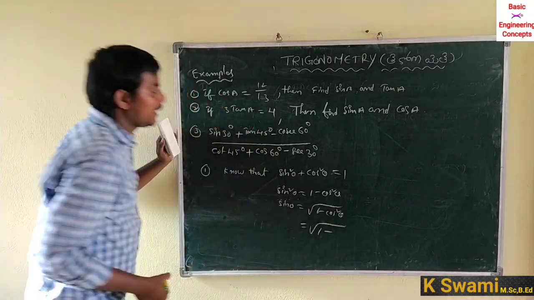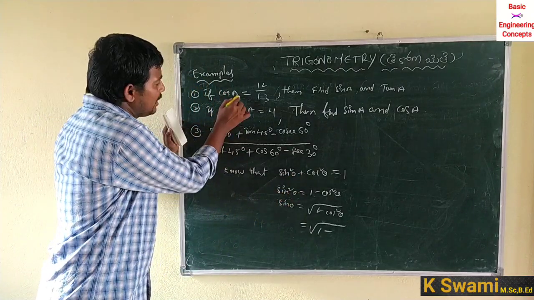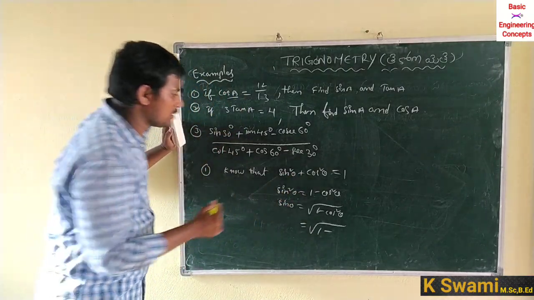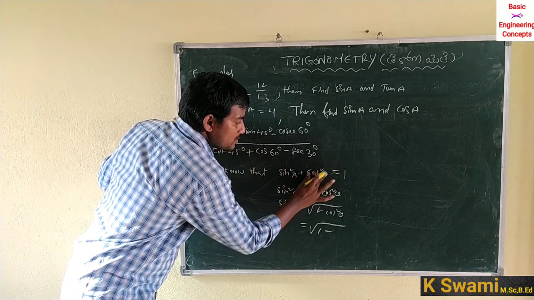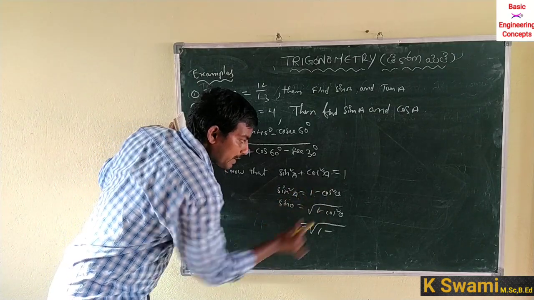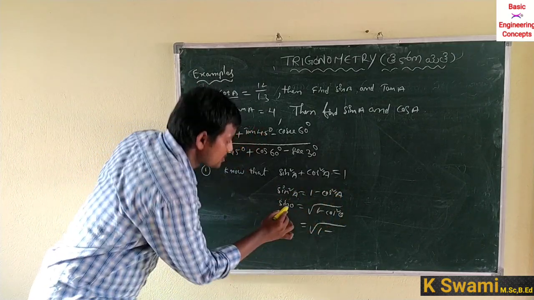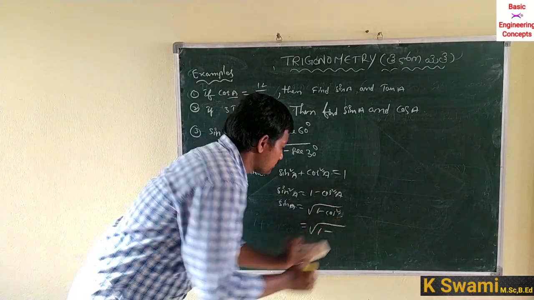Theta or A, both are angles. So sin square A plus cos square A is equal to 1, and sin square A is equal to 1 minus cos square A. So sin A is equal to square root of 1 minus cos square A.